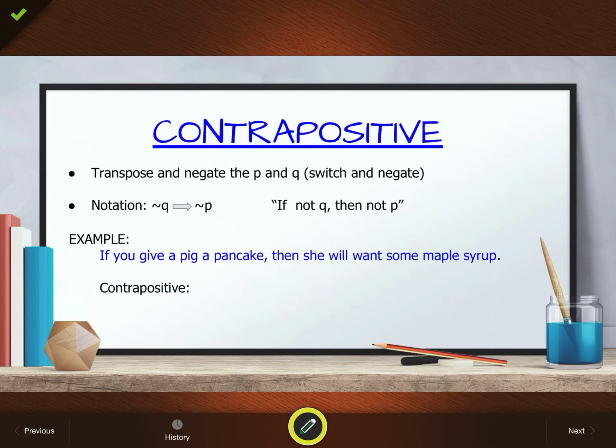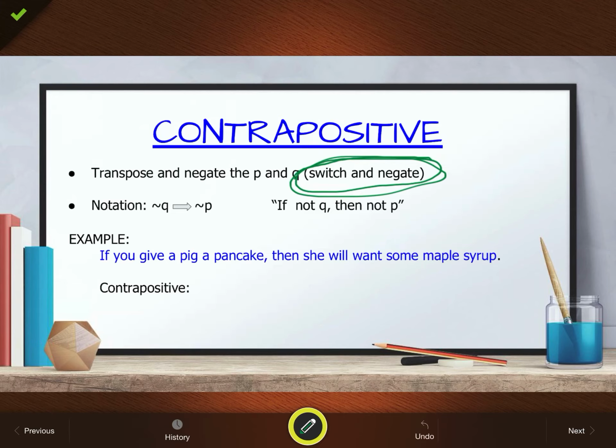The third type of conditional statement is the contrapositive. And notice it's the longest word. And what you're going to find is that we have to do the most with this one. To write the contrapositive, we transpose, remember, switch, and negate the P and Q. So again, got some keywords right here. Contrapositive, switch and negate.